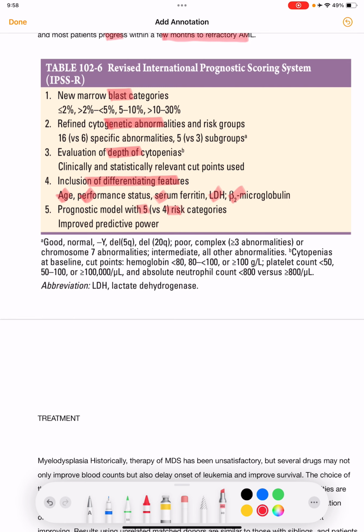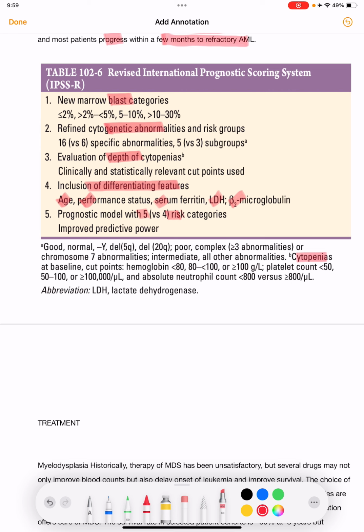Depth of cytopenias means cytopenias at baseline, with cut points of hemoglobin less than 8, or platelet count less than 50,000, or absolute neutrophil count less than 800.